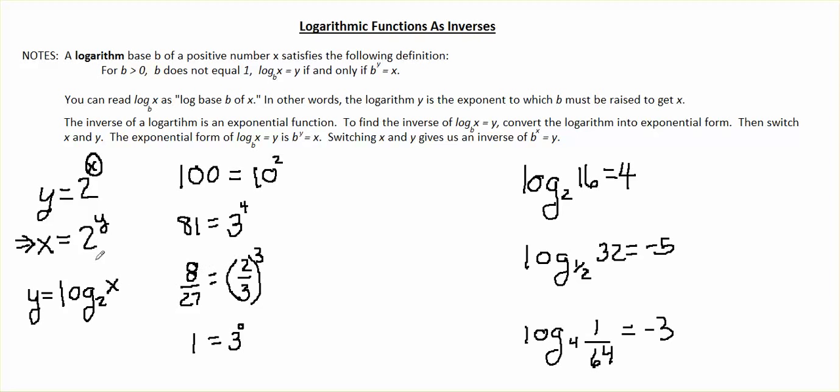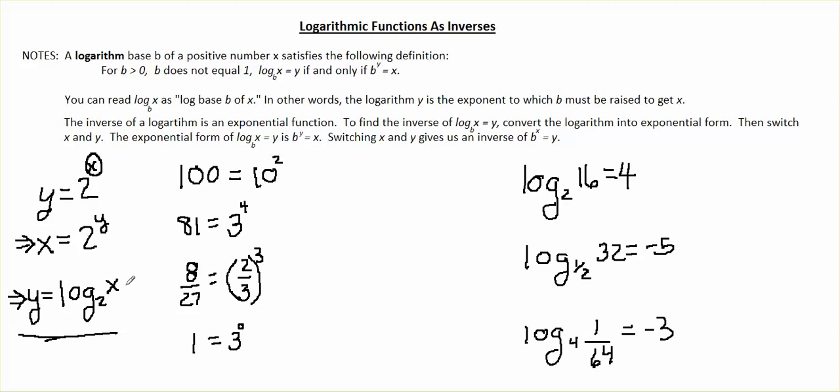Okay, so these two statements right here, this logarithmic statement and this exponential statement, are the same thing. The only difference is that when we write it in logarithmic form, we're solving for a variable y as a function of this original exponent up here.